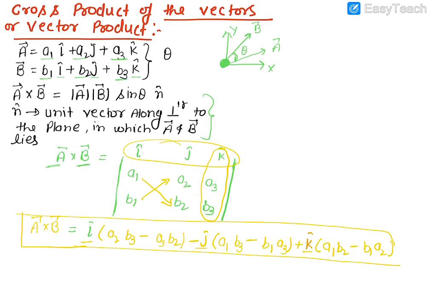So now I have explained this, but the next thing, similar to the dot product, is: what is the value of i cross j, j cross k, j cross j, i cross i? That means the value between the unit vectors, which we can also easily find.